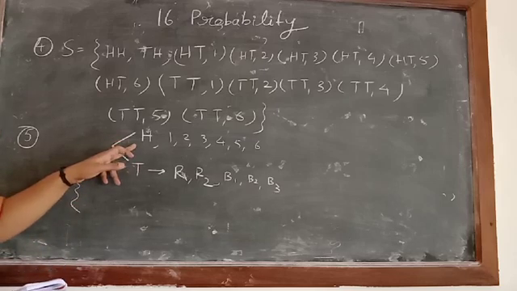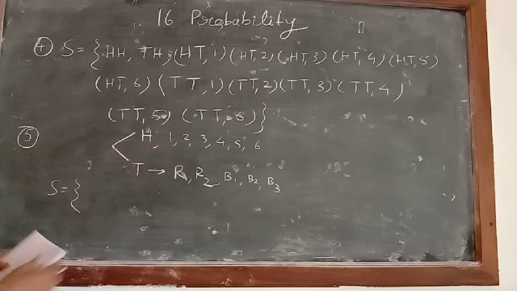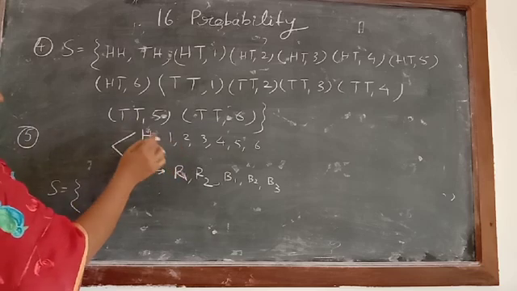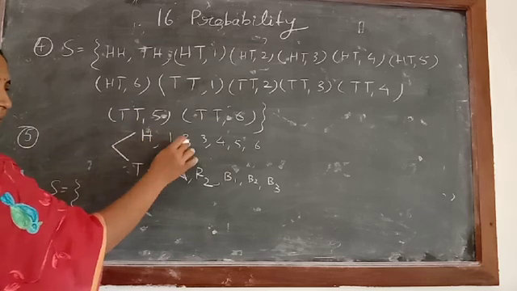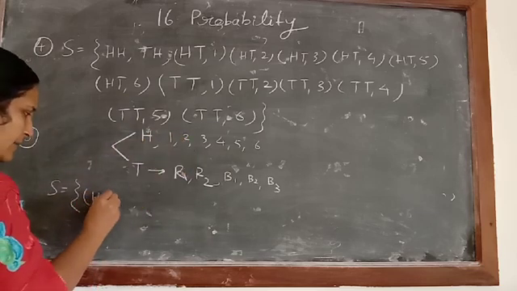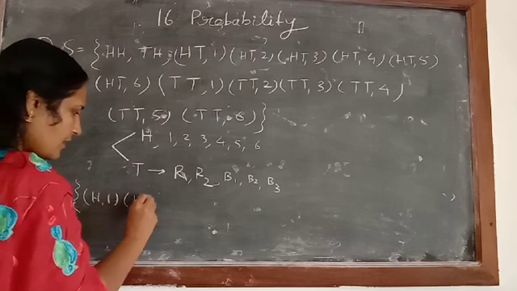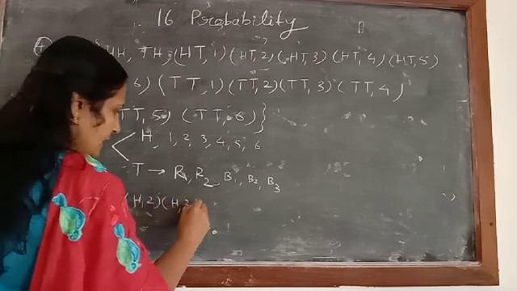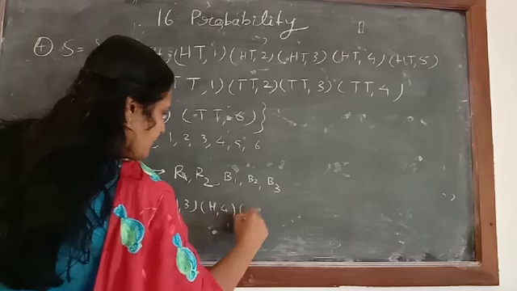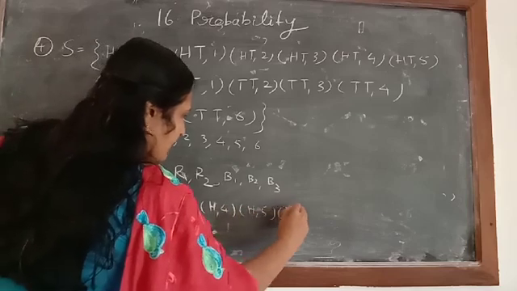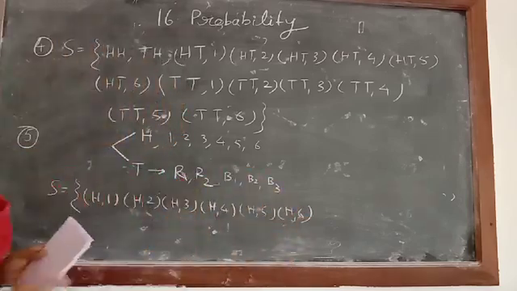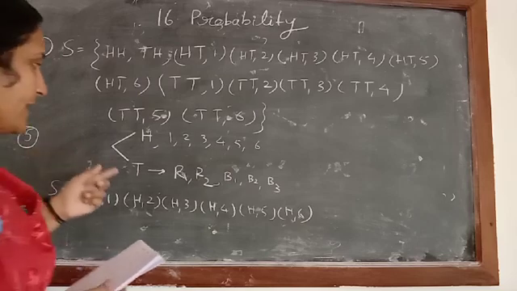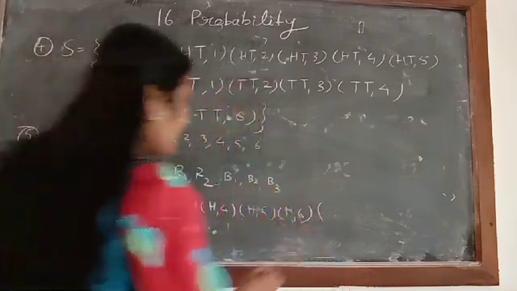So if head occurs, then we have to throw the die. So with head, what can be the possibilities? H1 or it can be H2. So just write down here: H1, H2, H3, H4, H5, H6. This can be the possibility. Then when tail is there, we have to select a ball.